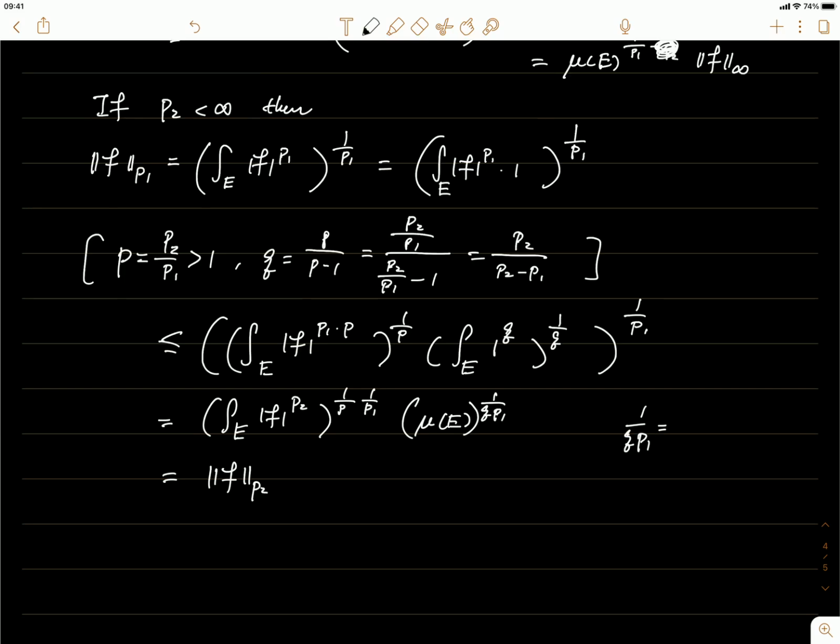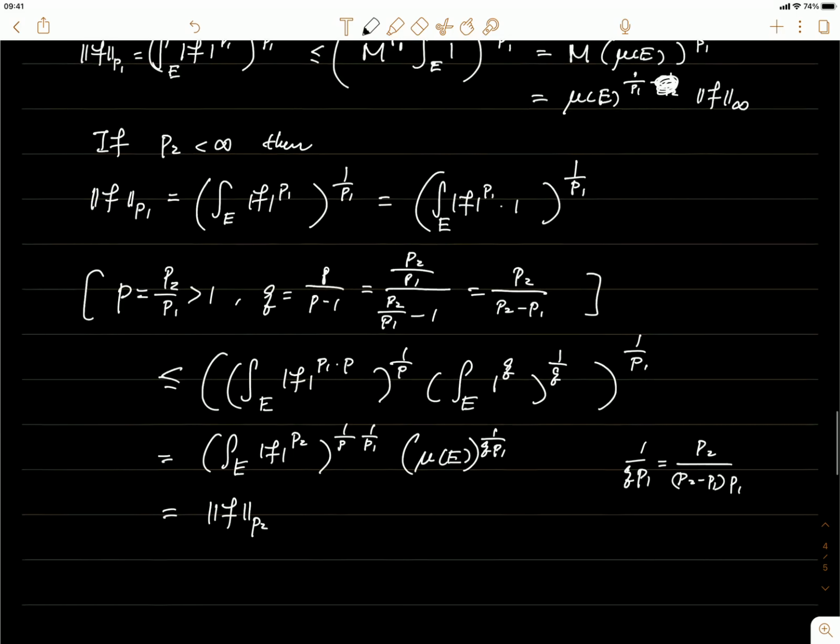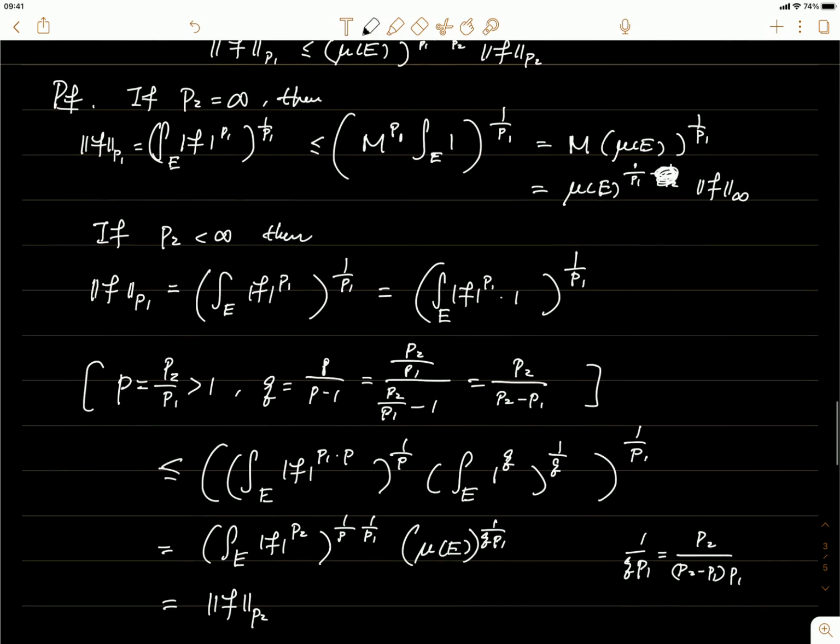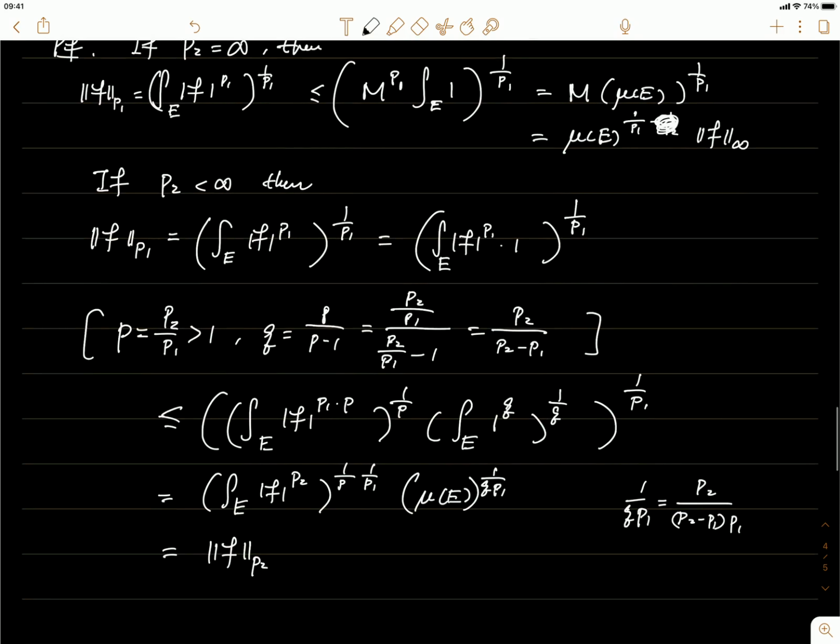According to our q above, it will be p2 over p2 minus p1 times p1. Okay, and this can be written as, it's q on the denominator, so it's that. So its q is equal to p2 minus p1 times p1.